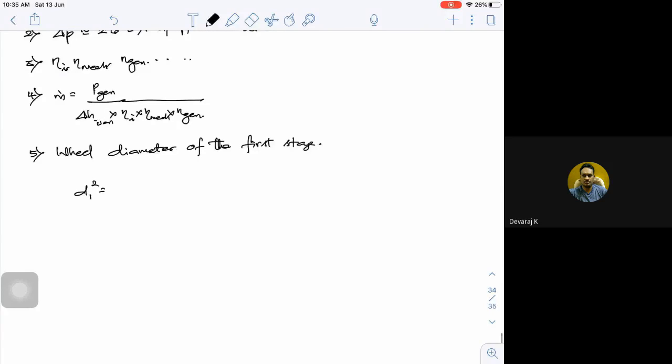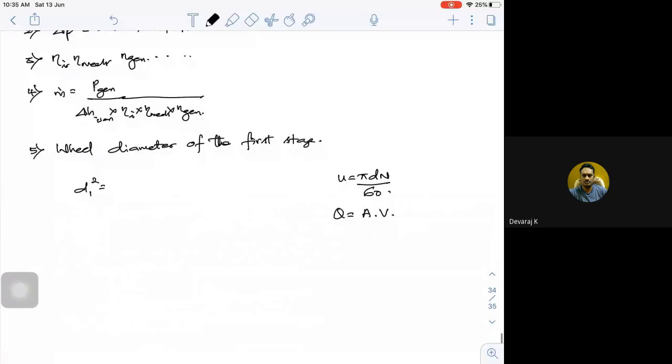You have u equal to pi d n by 60. Now how do you calculate the area? You have your discharge, which is Q equal to area into v. Now what is the relationship between u and v? You have what is called phi, so phi is equal to u by v.